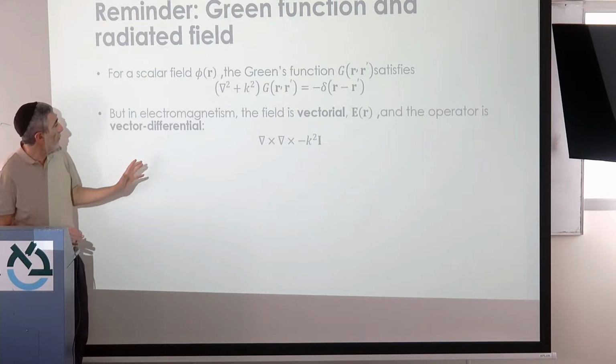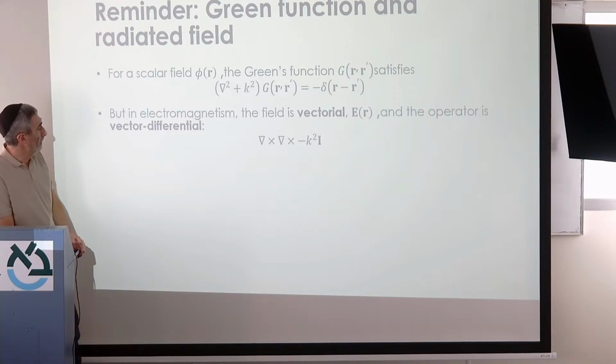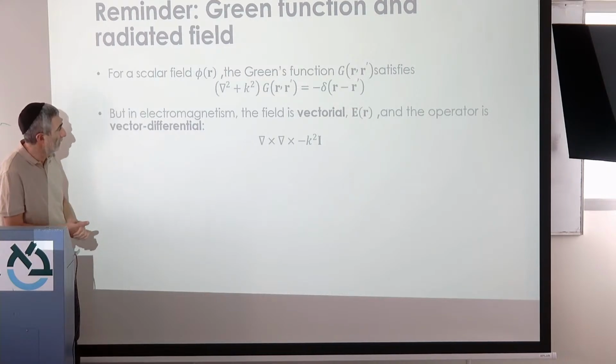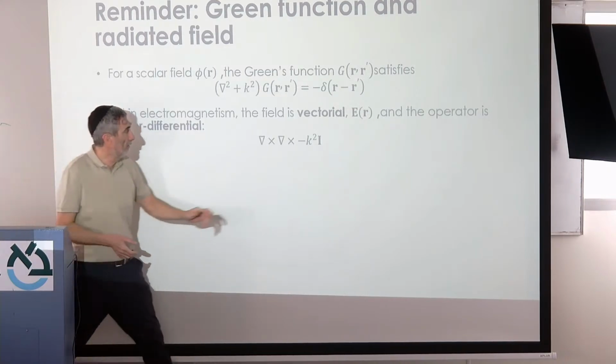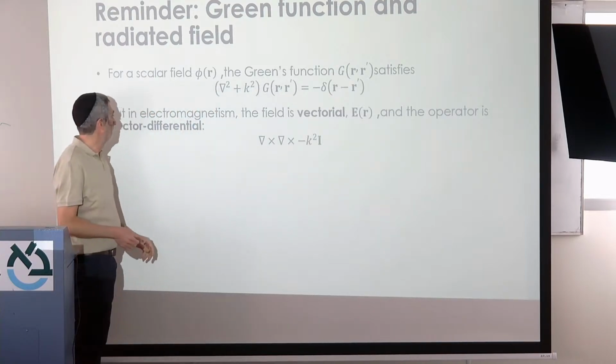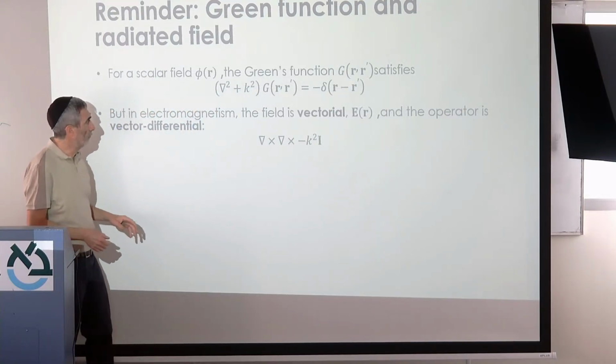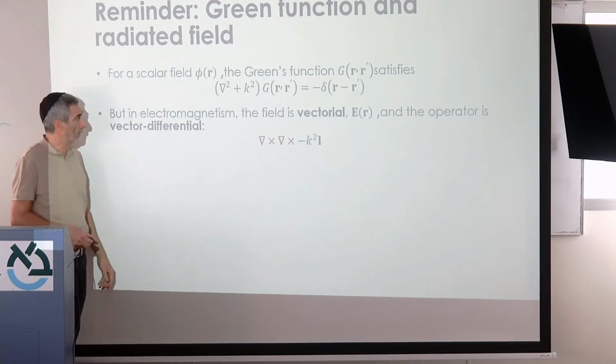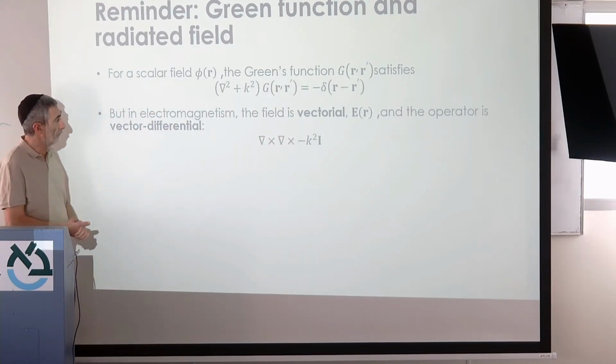This may be a little more formal, but if instead of the scalar field you consider the electromagnetic field, which is a vectorial field, so E is a vector, then you need to apply this operator to the field to solve the equation.